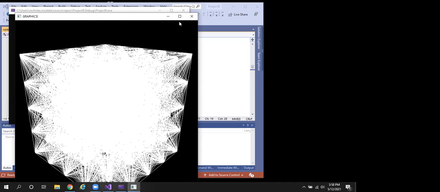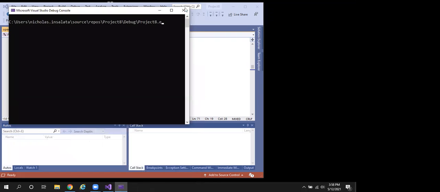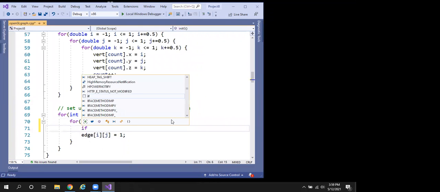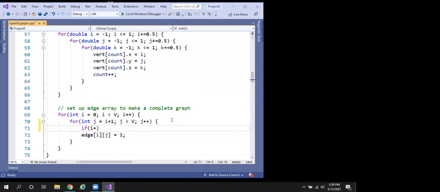So maybe I want to turn down the number of connections. In that case, maybe I would say I only put an edge into IJ if I plus J mod 10 equals 3. I just totally made that up out of nowhere.